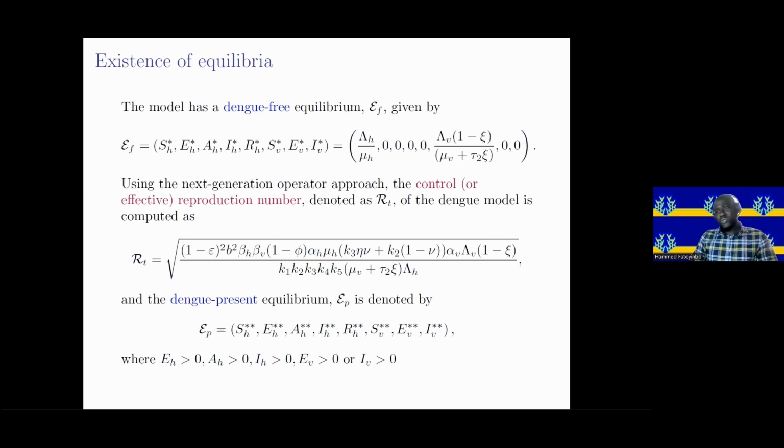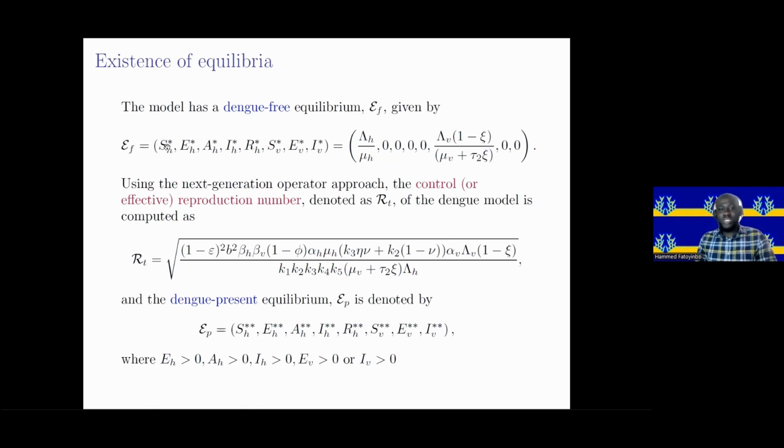The first thing we look at is the existence of equilibria, that is, the steady states of the model itself. The first one is the dengue-free equilibrium, also known as the disease-free equilibrium. For this, we set the derivative of our model to 0. In that case, we have EF, which represents the dengue-free equilibrium.